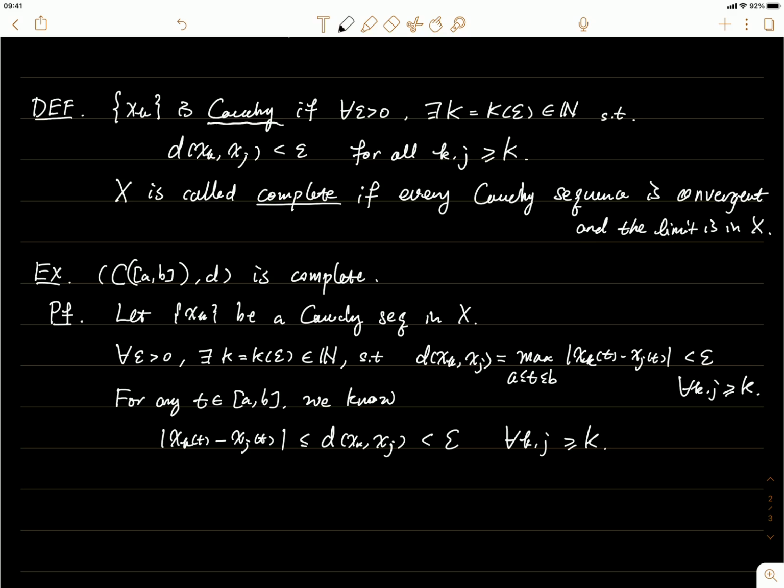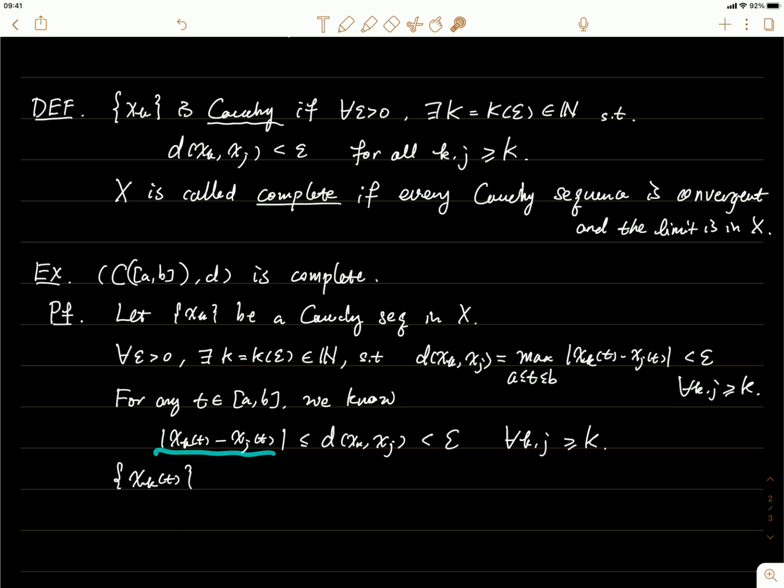What this tells us is that we have a fixed t right now, and for the fixed t, we can look at x_k(t) as a sequence of real numbers.